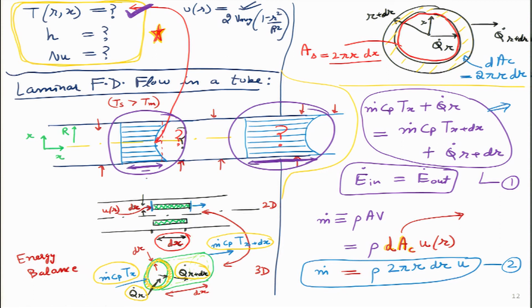Because this is at Ts, let us say at x equals 1 meter. This is the surface temperature here. This could be the surface temperature at x equals 2 meters. I am just putting some imaginary numbers over here. So, after 2 meters, the surface temperature has to be higher than that at 1 meter, isn't it true?